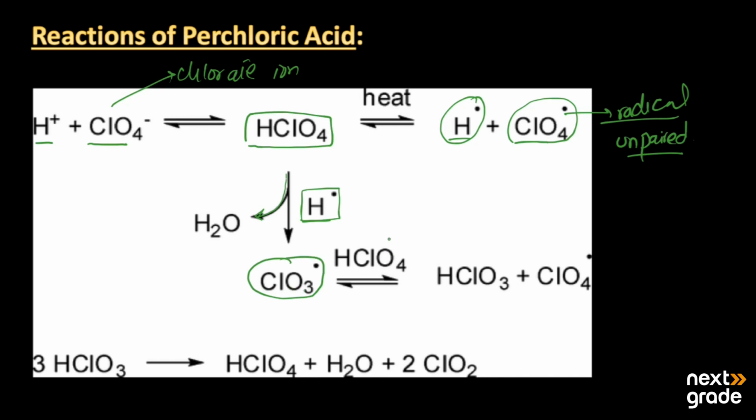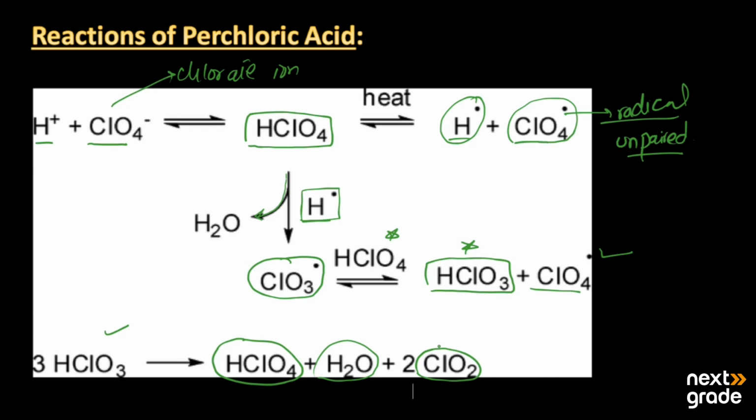And again, if we use the perchloric acid, it changes into HClO3 and ClO4 radical. Basically, this is the formation of the radicals. Then when we use this HClO3, it produces perchloric acid HClO4 again, with the production of water and chlorine dioxide, which is ClO2. So these were the simple reactions of perchloric acid.